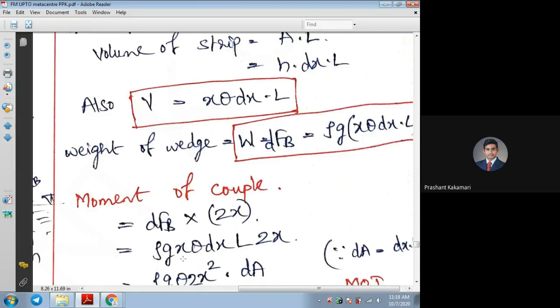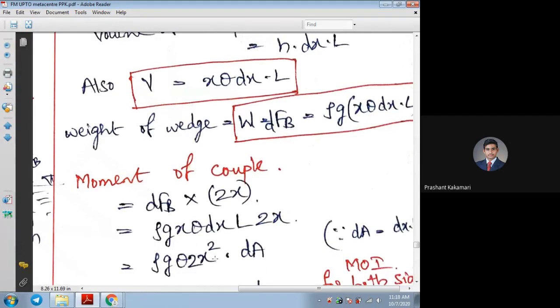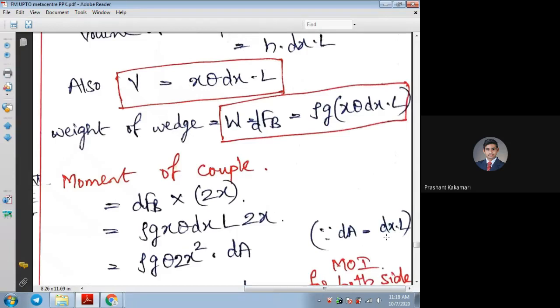So again substitute that rho g x theta dx into L into 2x. So here dx we can replace later by integrating. In this we know the dx into L is the top area. So I can substitute it as dA, which is representing the top area, not the front area, top area.